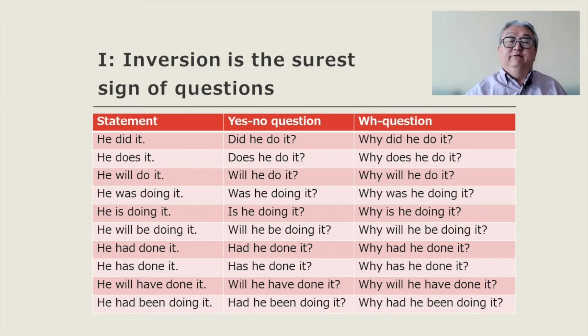And so I have a list of these sentences with the verb do, and then we can check. In past simple and present simple tenses, you use the auxiliary do to raise a question, and the auxiliary tells time. In the past it's did, in the present it's does or do. The subject is he, so therefore it's does.